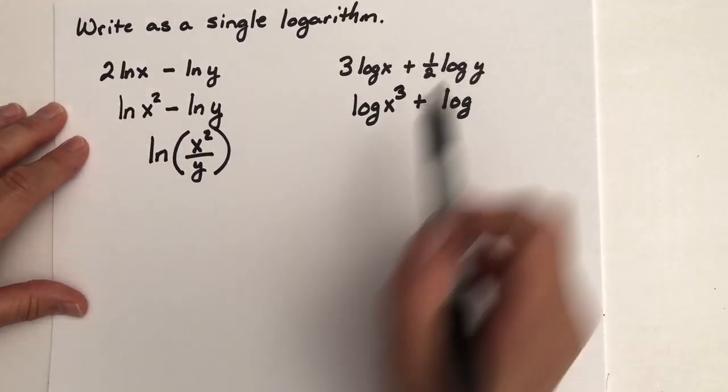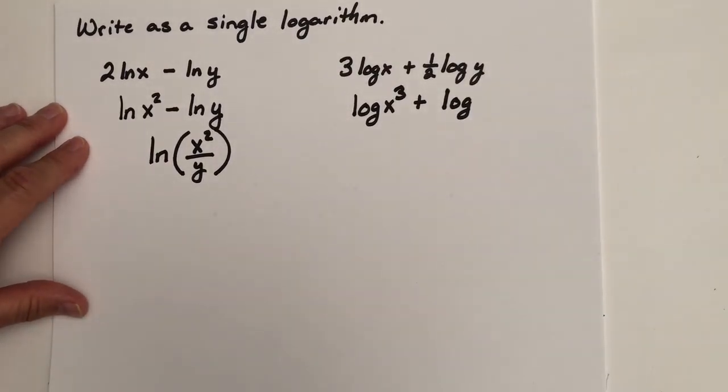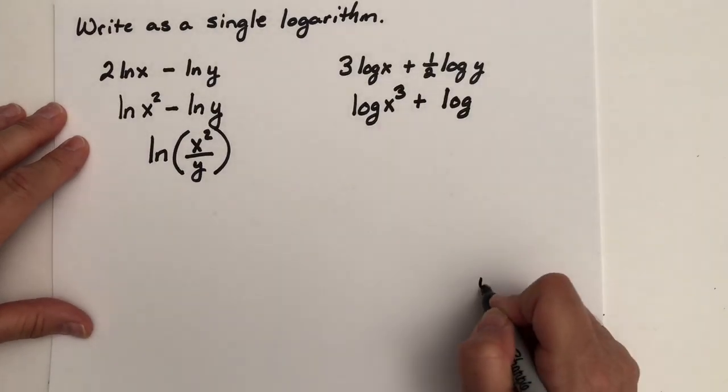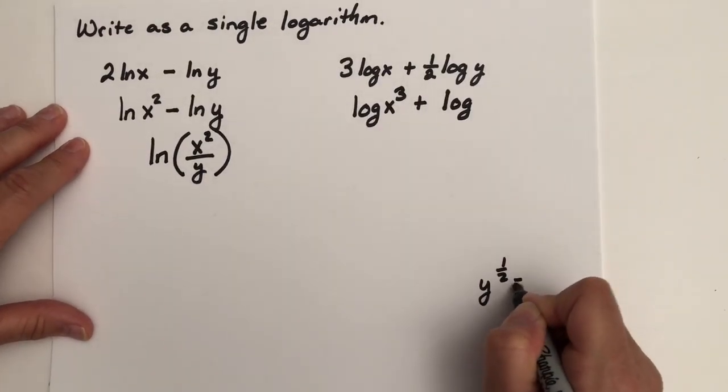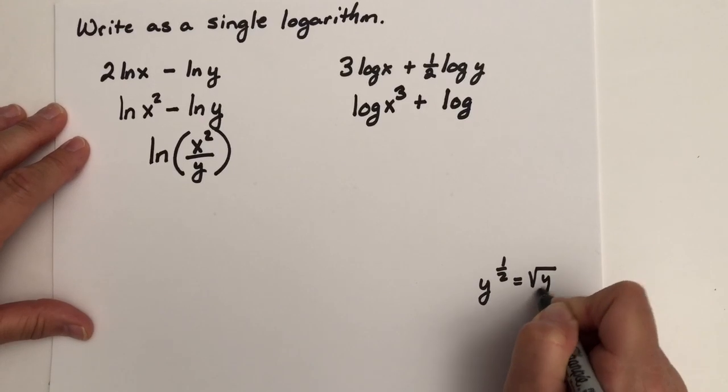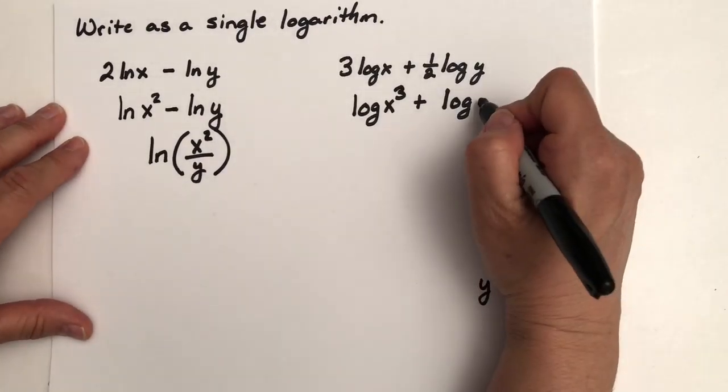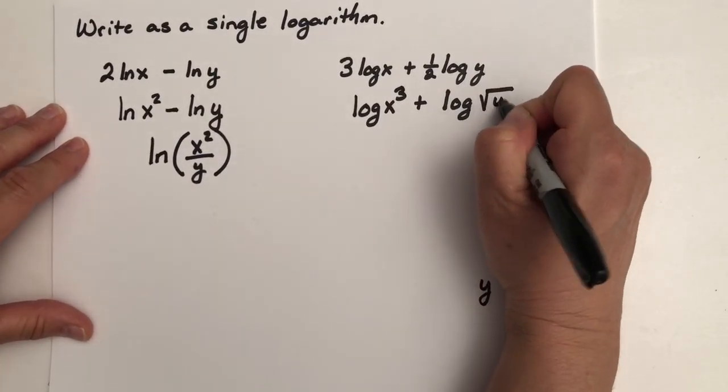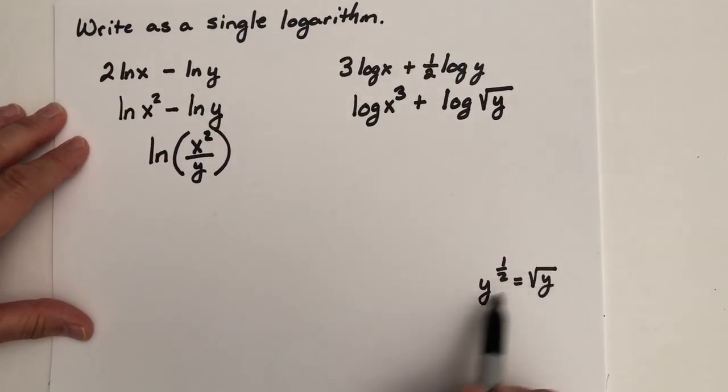We know that's y to the 1/2, but let me remind you that y to the 1/2 is equivalent to the square root of y. So I'm just going to write it as the square root of y. I just want you to see this idea enough that it is no big deal to you, whether we write an expression with an exponent of 1/2 or we write it with the square root.